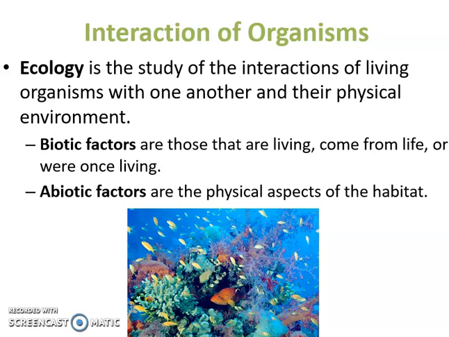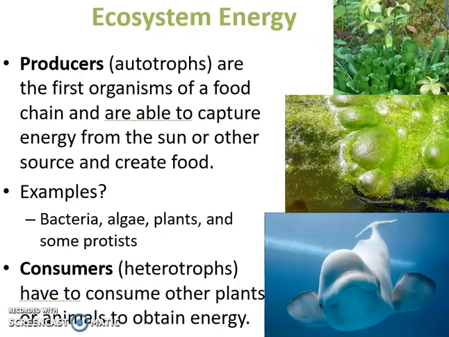So let's talk about those biotic factors today, and we classify them based on how they get their energy from the environment. Producers, also known as autotrophs, are the first part of a food chain, and the reason they're so important is because they are able to take the energy from sunlight and convert it into something useful, and that is called glucose, the main sugar that all life is able to absorb and use for energy, at least to a certain degree.